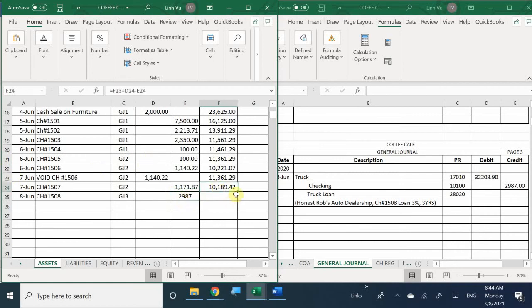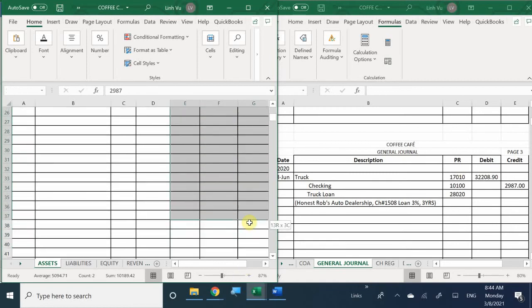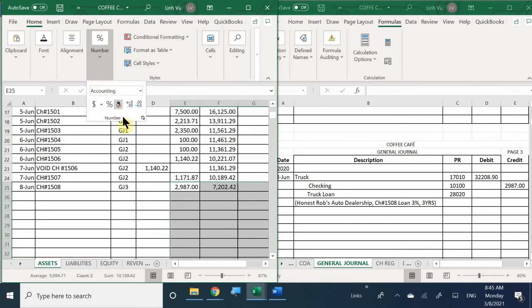Now I have to pull my formula down. So how much should I have now? $7,202.42 as my money balance in my bank account.